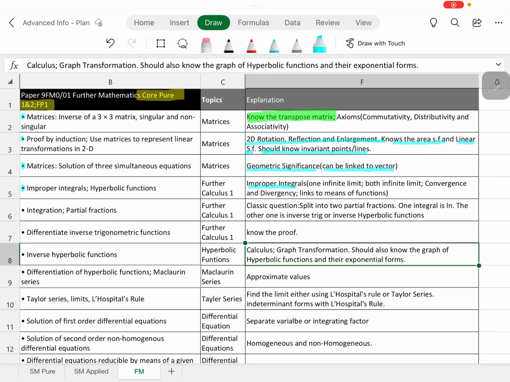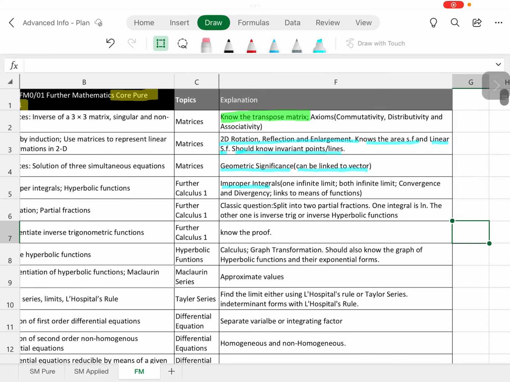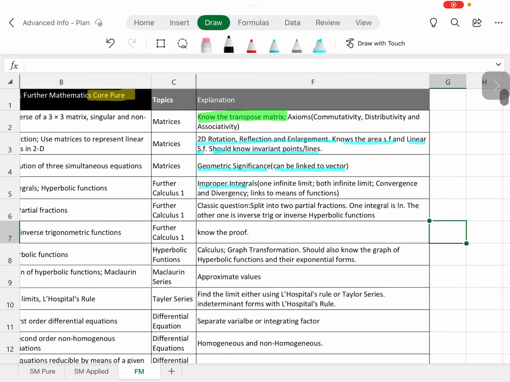So that could be one infinite limit, for example, I can have integral 5 to infinity. So that's only one infinite limit, or both infinite limits, which means integrating from negative infinity to infinity.